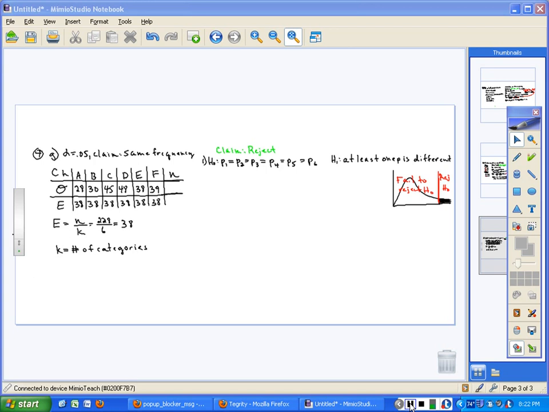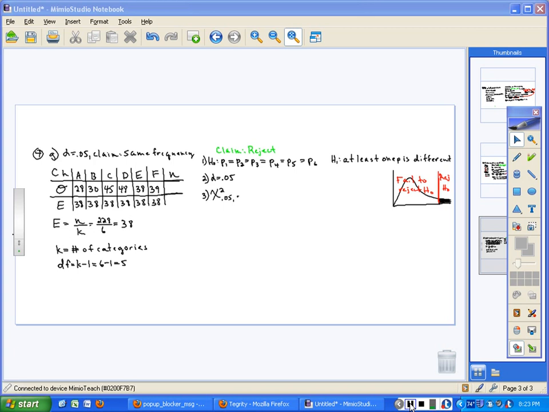Okay, step 2, alpha is 0.05. Do not divide alpha by 2 because it is a right-tailed test. Step 3, we want to go to the chi-squared table, sub 0.05, and the formula for degrees of freedom is k minus 1, and that's on the formula card right next to the test statistic. It's the first one in the Chapter 11 box. So it's 6 minus 1, which is 5.